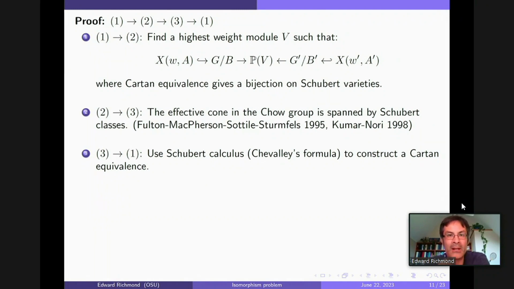And then you just have to pick a lambda. You need to pick a highest weight lambda that sees all the Cartan data that you need. One danger is that if you pick V too small, the variety structure on your flag variety and on your Schubert variety could become degenerate.